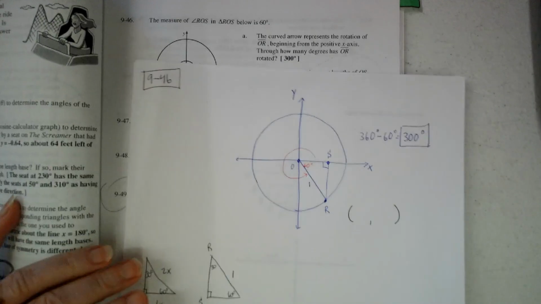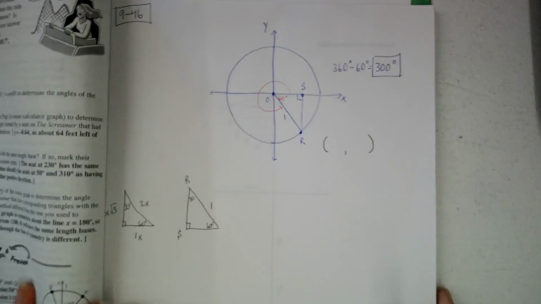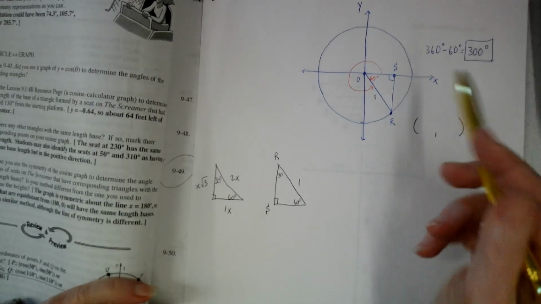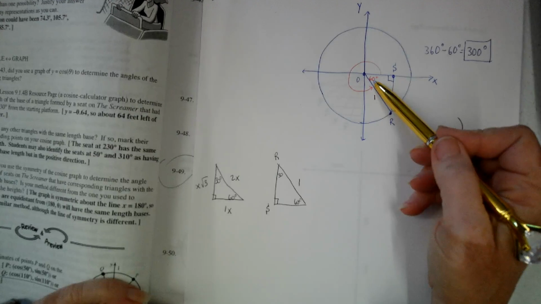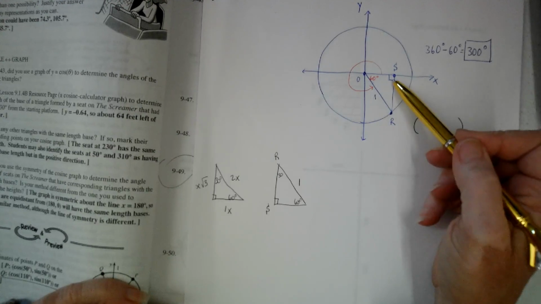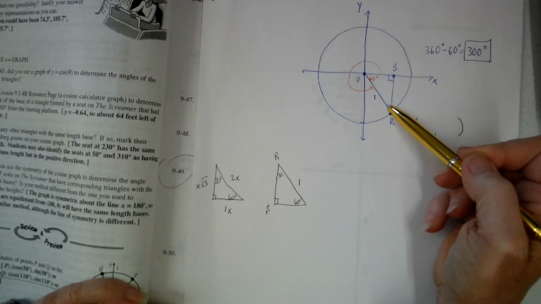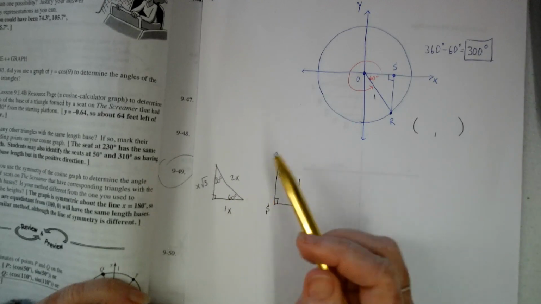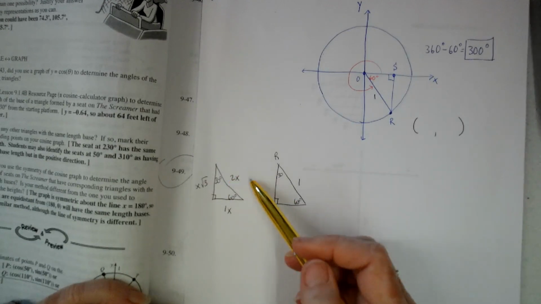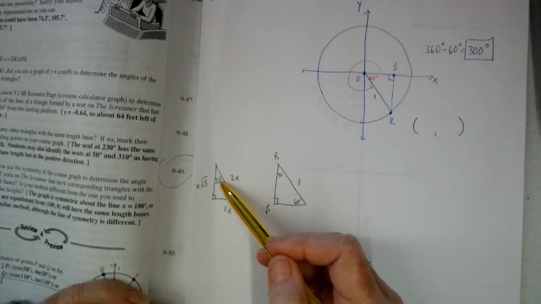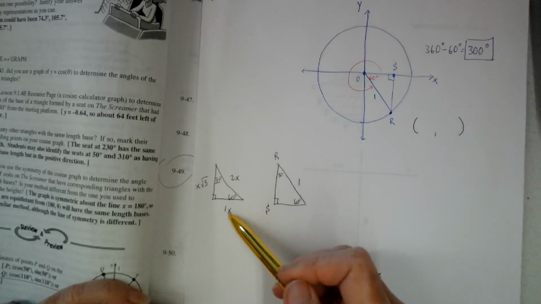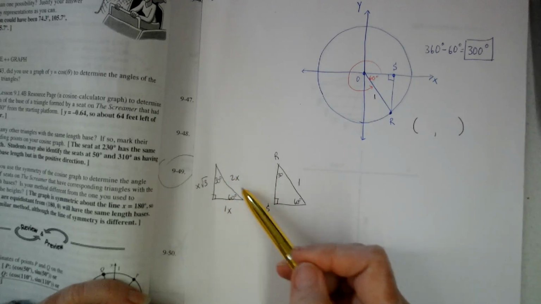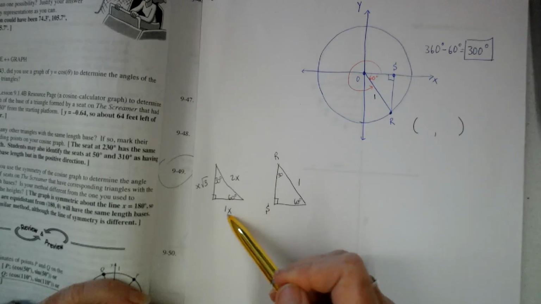So I'm just going to use some special triangles. Because this is 60 degrees, I know this is 90 and this has to be 30. So I've got a 30-60-90. If you remember this from Integrated 2 or some other class, the side across from 30 is always 1 or 1x. The hypotenuse is always twice as long as the short side.